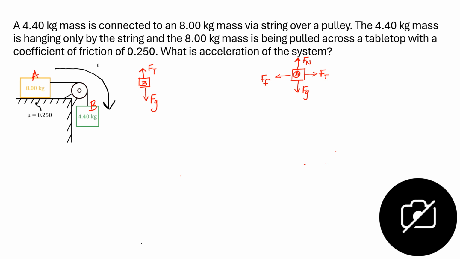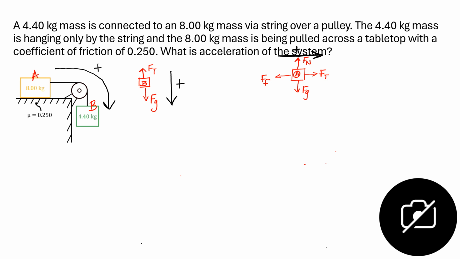We're going to put a positive here because we're going to make that the direction of positive motion. So let's go back over to box A. For box A, the positive direction is to the right. For box B, the positive direction is straight down. So I've written those beside it.